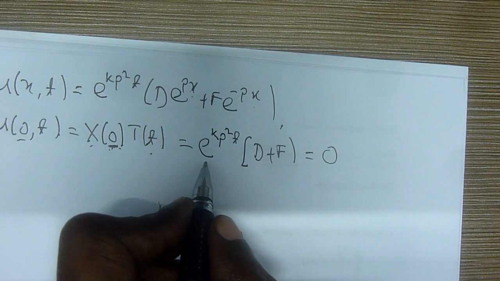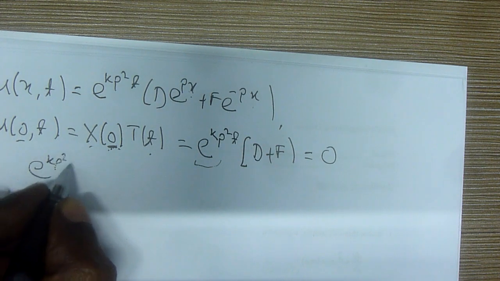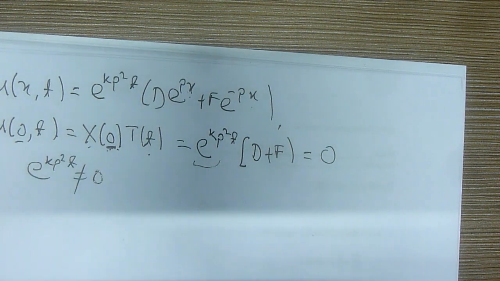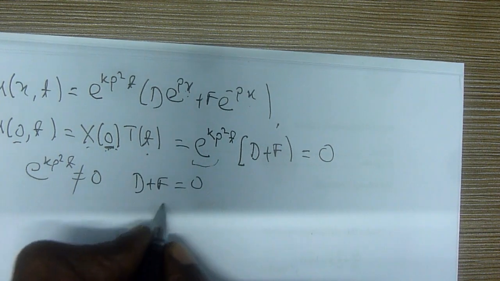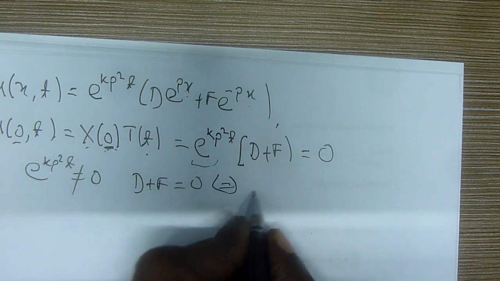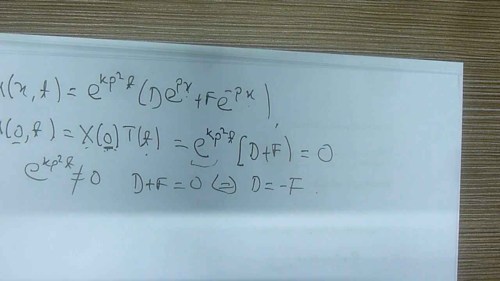Therefore, e^(kp²t) cannot be 0, and we have the other option: d plus f equals to 0. Therefore, we can say in this case d equals negative f.